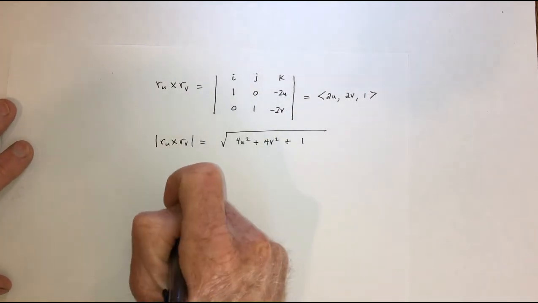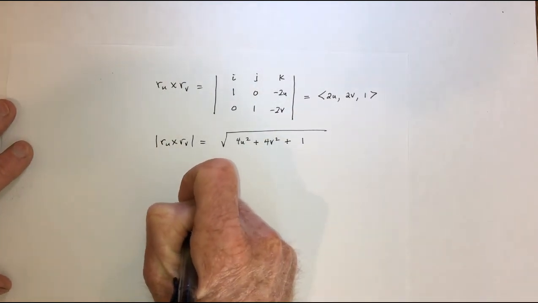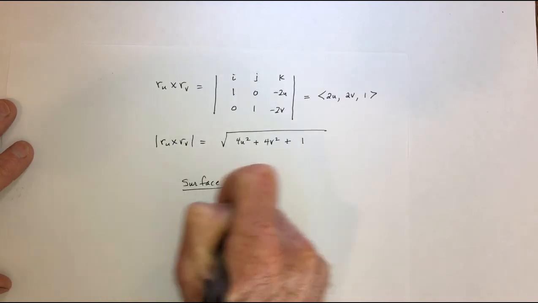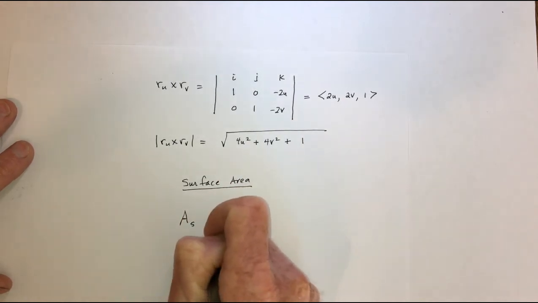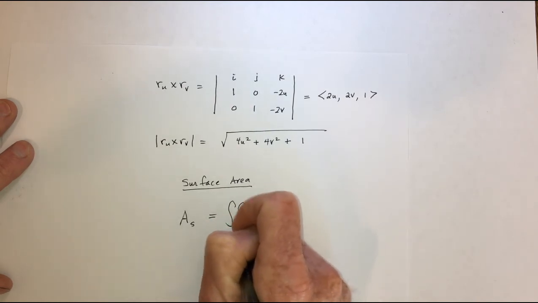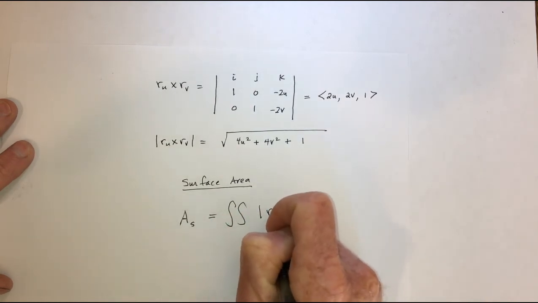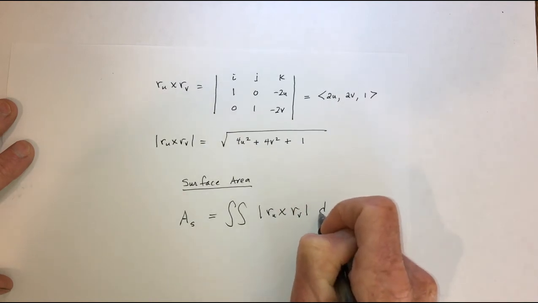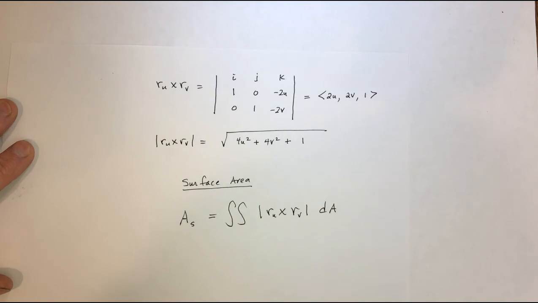So finally, summarize by saying for surface area, the area of the surface will equal the double integral of the length of r_u cross product r_v. And then you decide, should I do du first or dv?